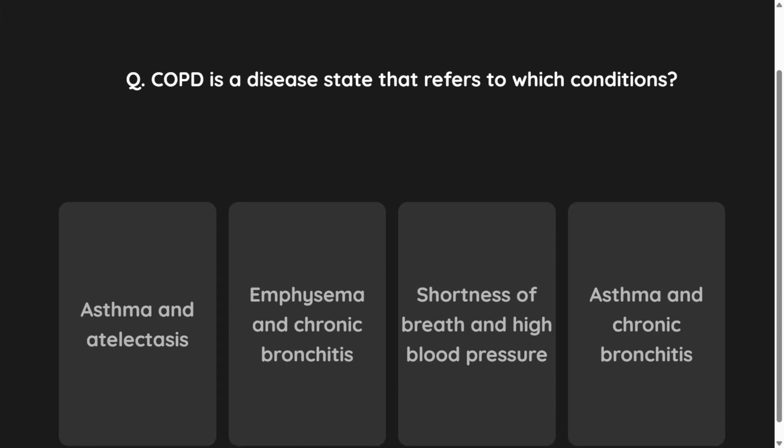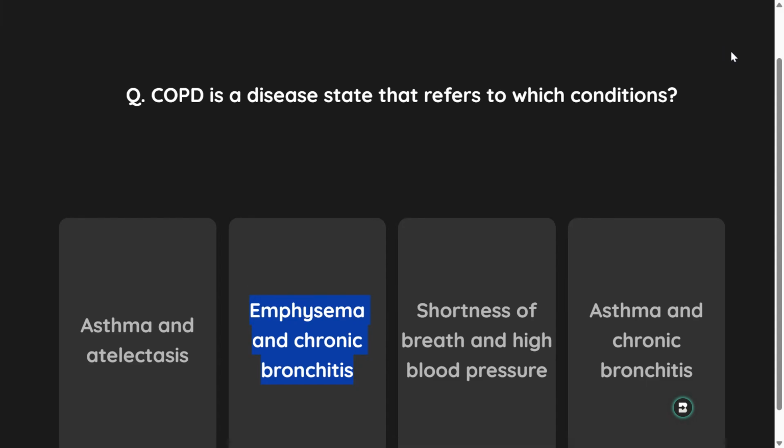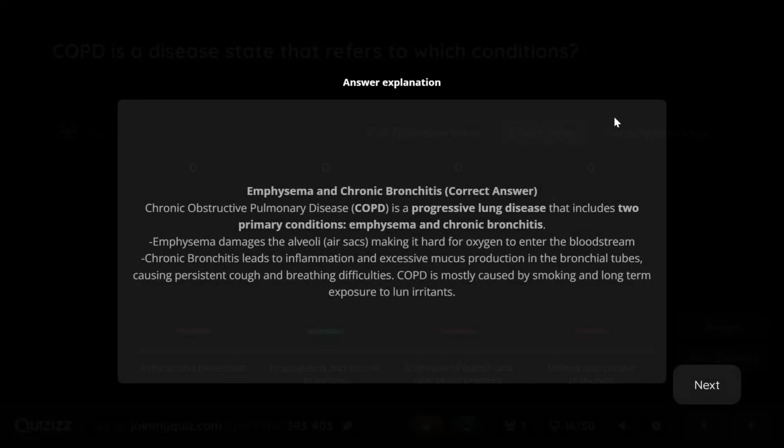COPD is actually emphysema and chronic bronchitis. Remember, COPD stands for chronic obstructive pulmonary disease. And it's basically a progressive lung disease that includes 2 primary conditions. Again, this is going to be emphysema as well as chronic bronchitis. Now, emphysema damages the alveoli, that's the air sacs, okay?